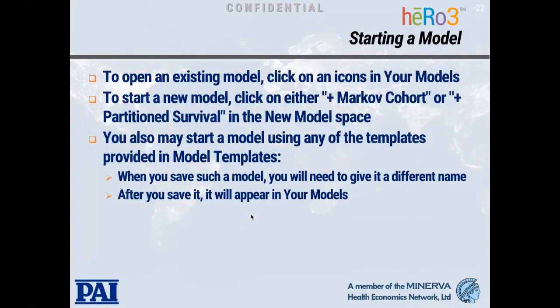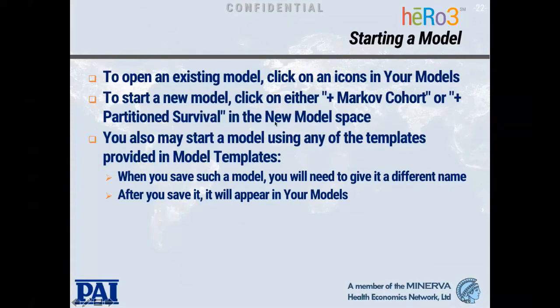So once you get through the welcome screen, you're going to have some icons for opening existing models. You're going to have an area of the screen where it shows all the existing models that you've saved, and you just click on any one of those to open them. If you want to start a new model, there are buttons at the top for creating a new Markov cohort model or a new partition survival model.